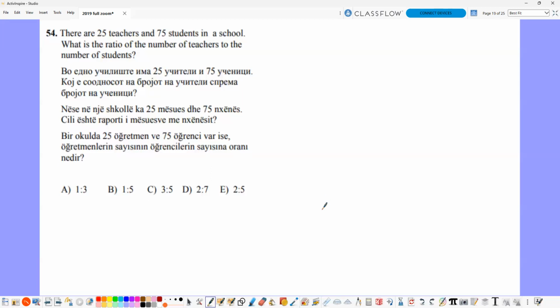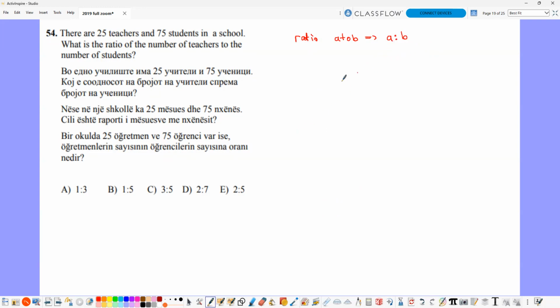Here, there are 25 teachers and 75 students in a school. What is the ratio? When you say ratio A to B, you mean A to B like a fraction, like division you are writing. And then if it is possible to simplify, you are simplifying.